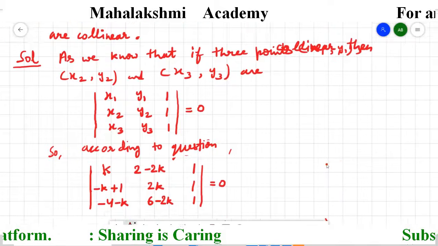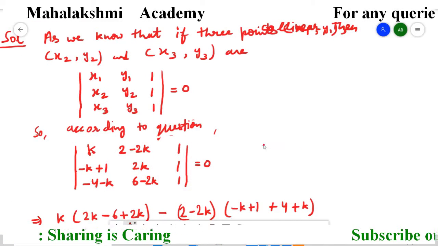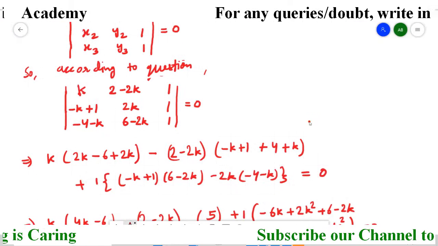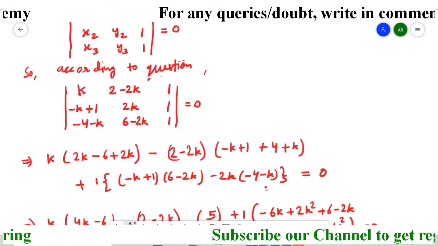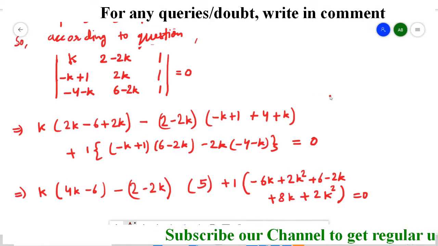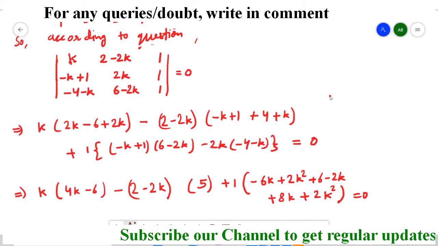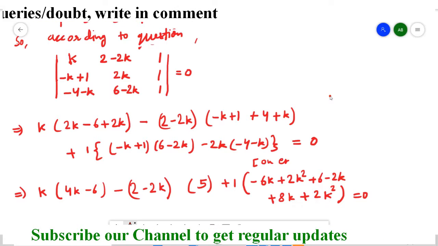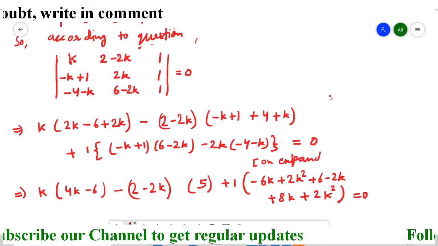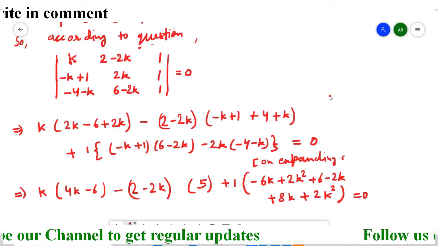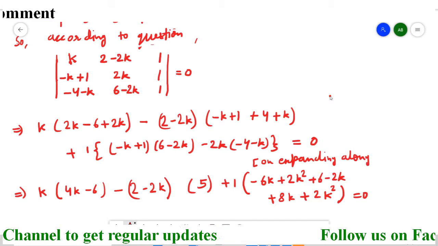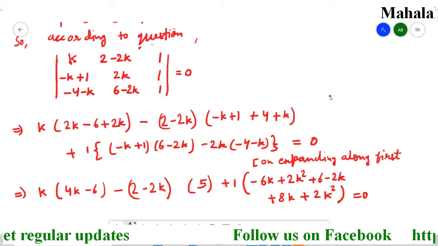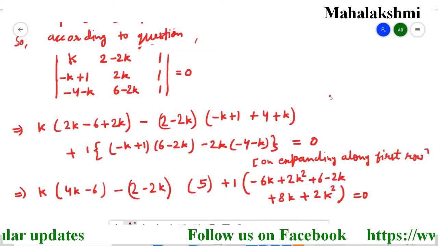Then the x2 y2 values I replaced. You can see the question. The coordinates I replaced here. Again I opened along the first row. I think I just forgot to write here, but it's very necessary to write it. So I'm just writing here, on expanding along the first row.